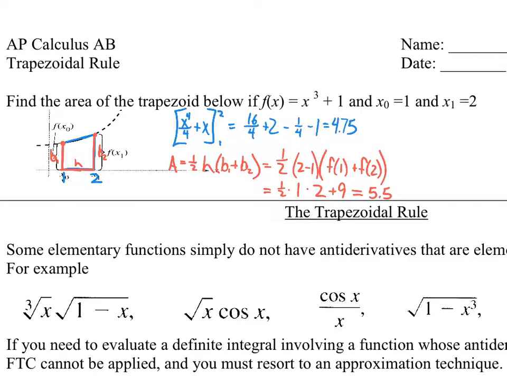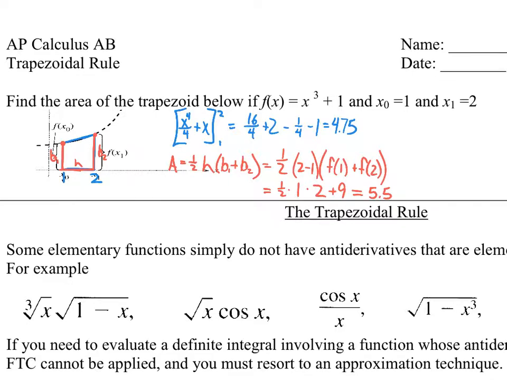Now, why would we put ourselves through this? We already have Riemann sums, but as you saw, there were certain ones that were much more difficult, or even impossible to do, where you had to get the sums down to the sum of the i's, or the sum of the i squareds, or the sum of the i cubeds. You had to get real creative, and sometimes it was possible, sometimes it may not have been.